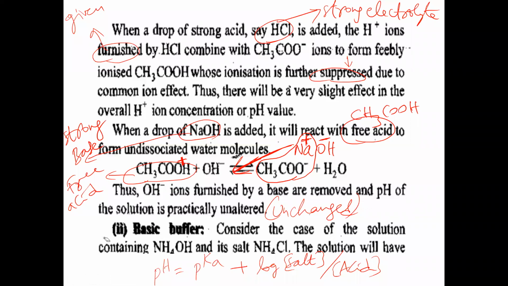Now, the next topic is basic buffer. So consider the case of the solution containing NH4OH and its salt NH4Cl. Here NH4OH is a weak base, and NH4Cl is the salt of the same weak base with a strong acid, HCl.